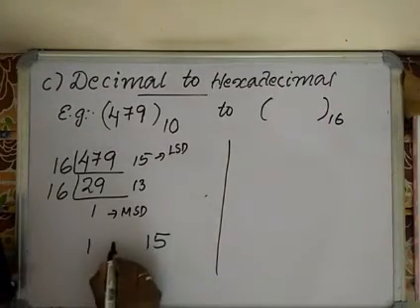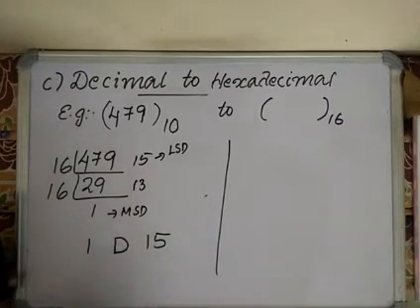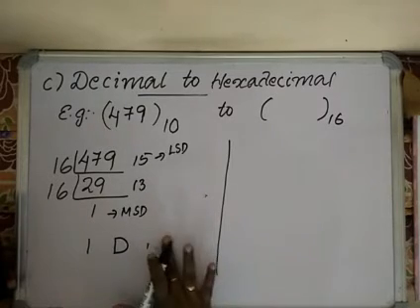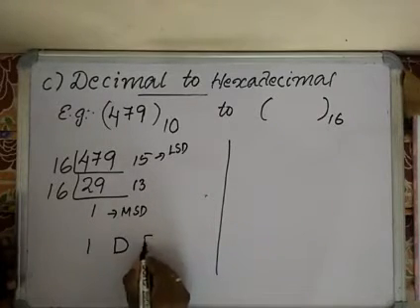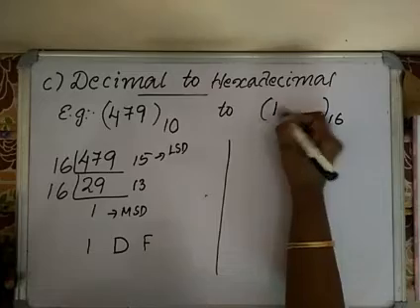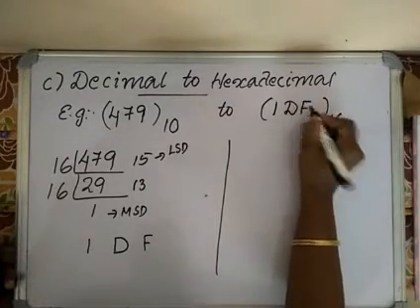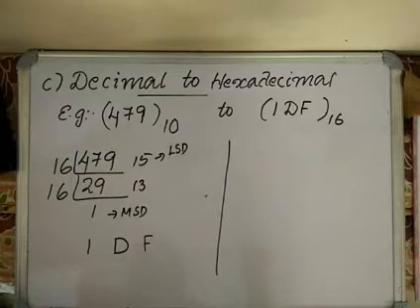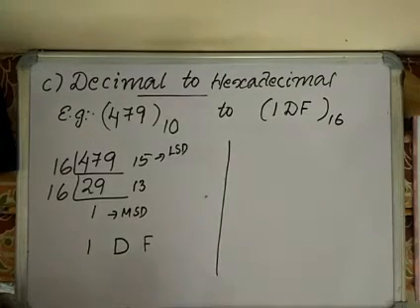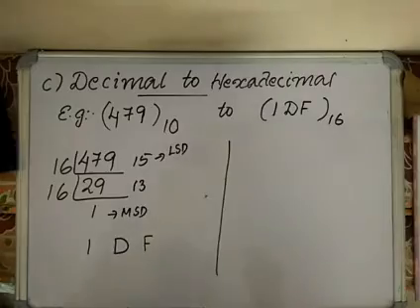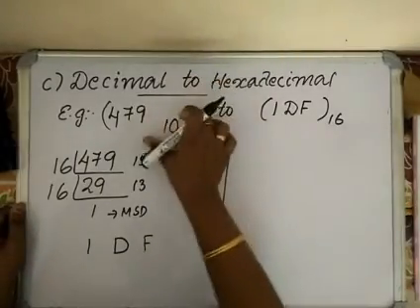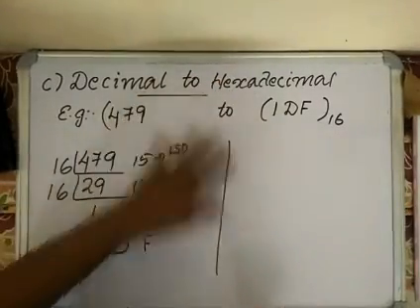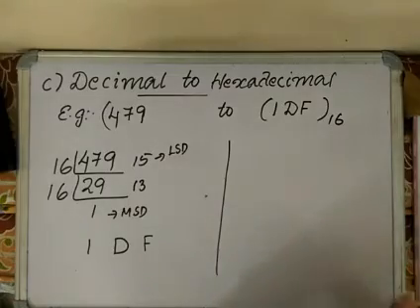For 13 we can use D. D represents 13 and F represents 15. Okay, so 1DF is the hexadecimal equivalent for the decimal number 479.